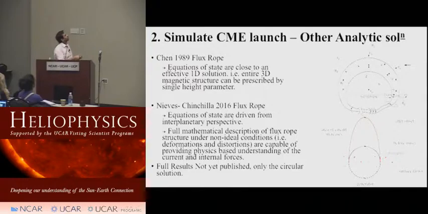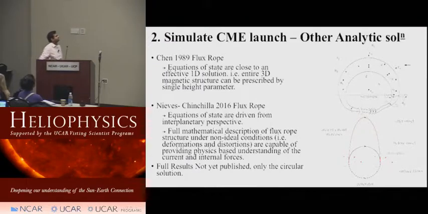While this solution is entirely 3D, the entire structure can be pre-described by one parameter, which is effectively the height of the CME. So you can set up the entire 3D structure by mostly just tweaking one parameter, the height.